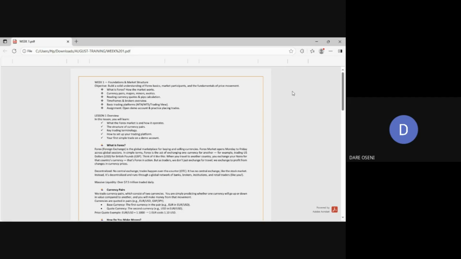Our objective is a solid understanding of forex trading basics, market participants, the fundamentals of price movement, what forex is all about, how the market works, currency pairs, major, minor, exotic, reading currency codes, pips calculation, time frames, broker overview, and basic trading platform. I'm going to give you an assignment at the end of this lesson. Okay, sir.